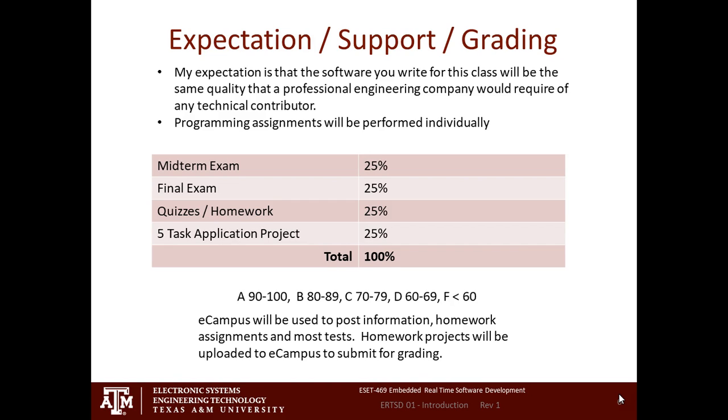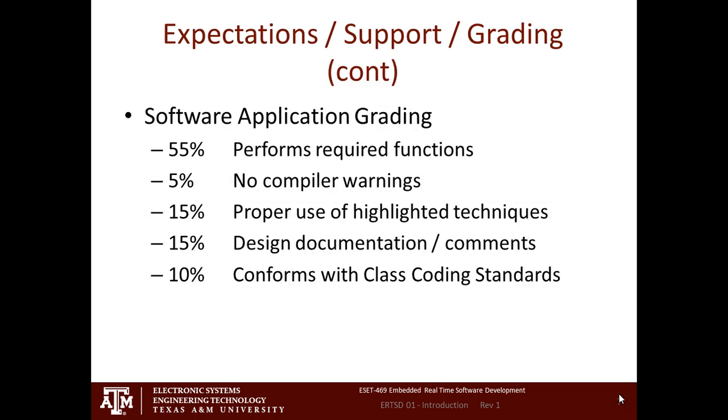There are instructions on turning in homework on eCampus. You'll see why it's important, but you have to follow the instructions for turning in things on eCampus. And finally, 25% of your grade is going to be based on a final homework assignment that you'll have several weeks to do. It will be a program that you write that requires 5 tasks to accomplish the goal of the program. And that'll be 25% of your grade.